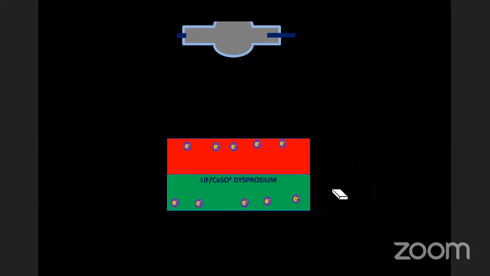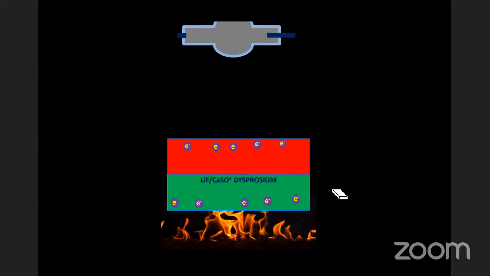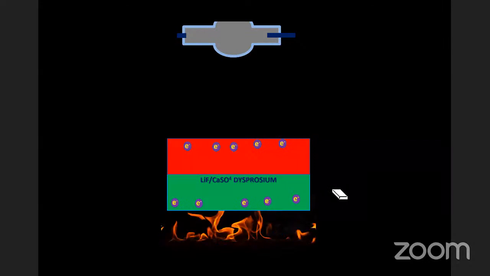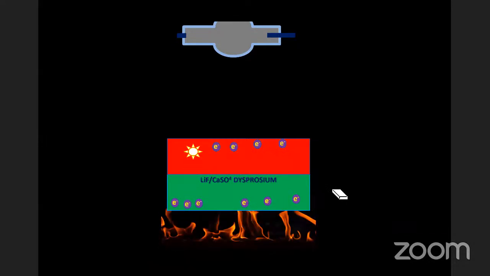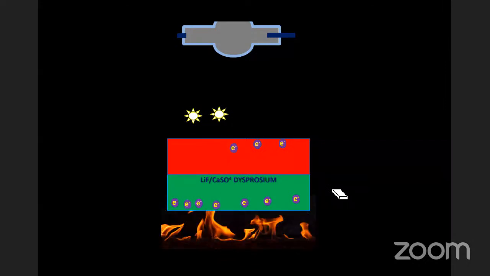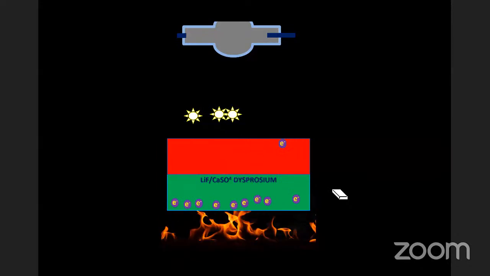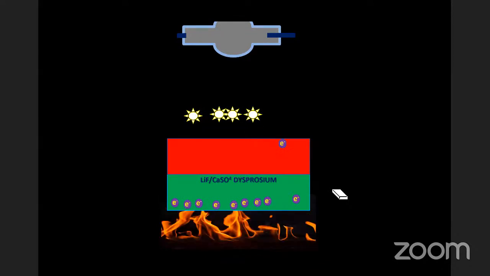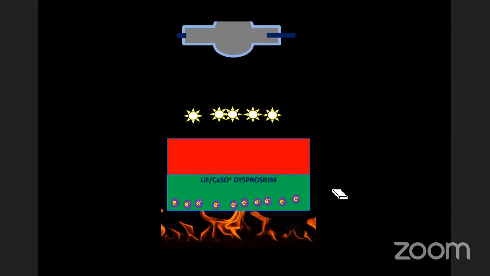Once I send this back to the center, they heat the lithium fluoride, which has high-energy electrons. This heat makes the high-energy electrons go back to the low energy state, and whenever this happens, it emits light. It emits light based on how many electrons have gone to the higher energy state. And what decides the number of electrons going to the high energy state?